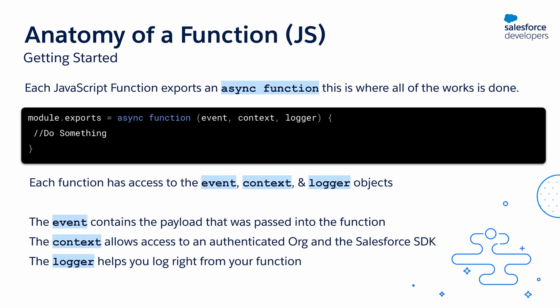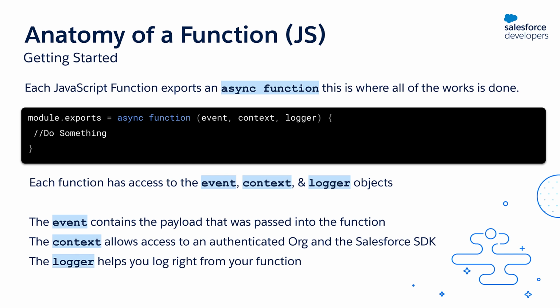Each JavaScript function exports an async function. This is where all of the work is done. So we are just exporting one asynchronous function in JavaScript. This is why it's called a Salesforce function. This function has access to three different objects: the event, the context, and the logger.